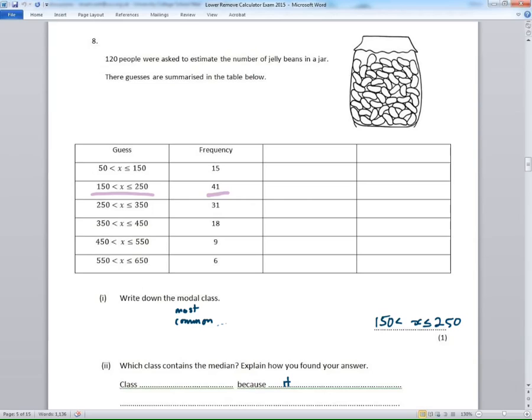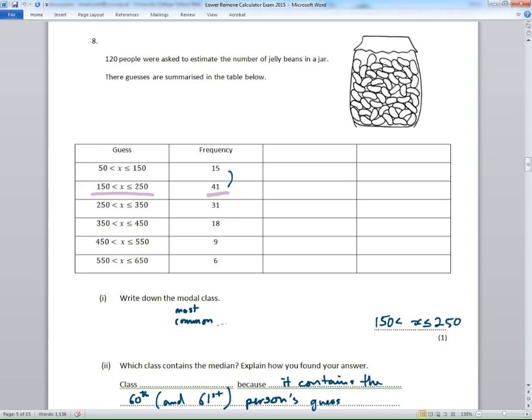The next question asks you for the class that contains the median. So the reasoning for this is, well, the class that contains the median is going to contain the 60th and the 61st. I'll put that in brackets because you don't necessarily need to write that. So it contains the 60th person's guess.